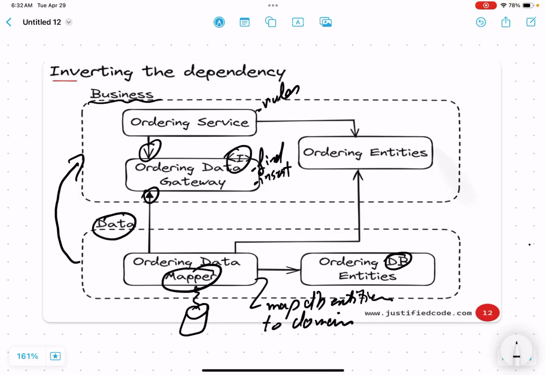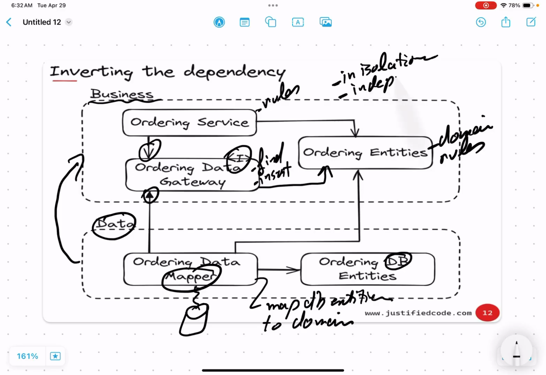These are the domain entities where our domain rules reside now. This interface uses these entities. So, the benefit here is that our ordering service can be written in full isolation, independent of DB schema changes.